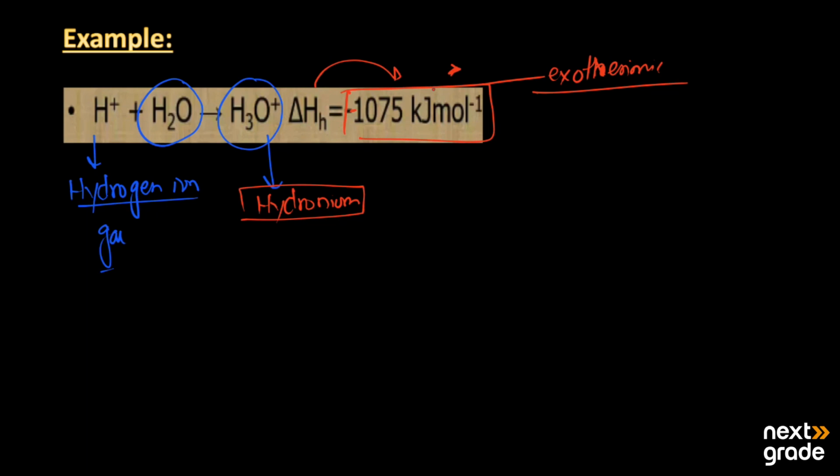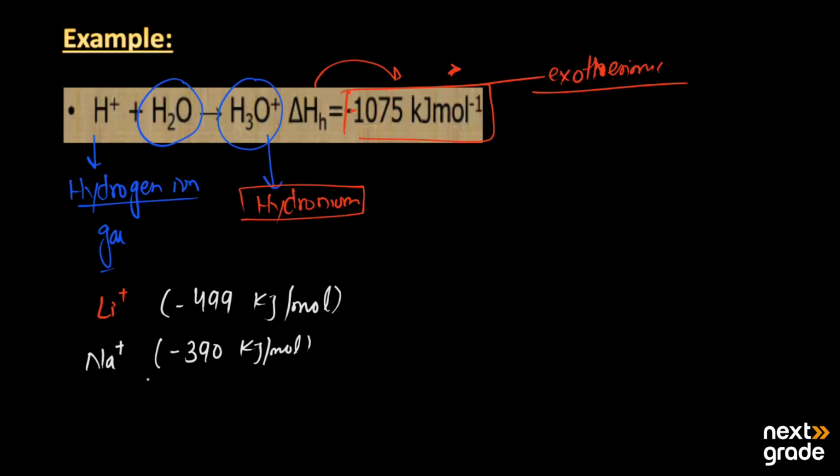We also have many other examples. If we dissolve lithium, the energy released will be almost minus 499 kilojoule per mole. If we add sodium, the amount of energy will be minus 390 kilojoule per mole.